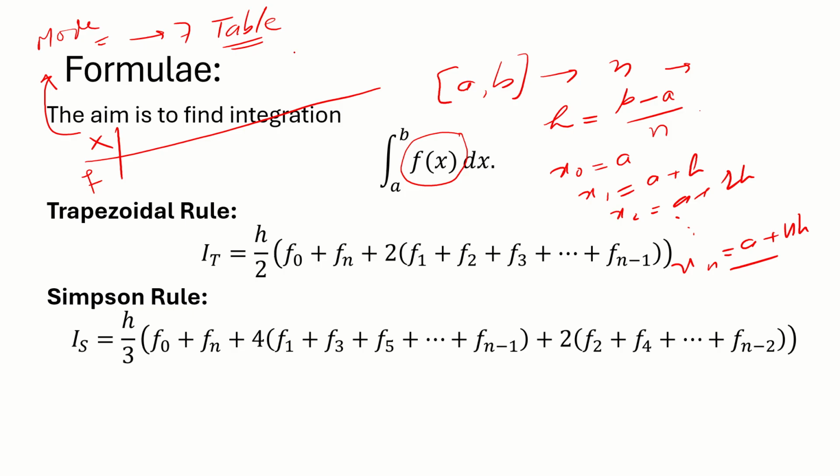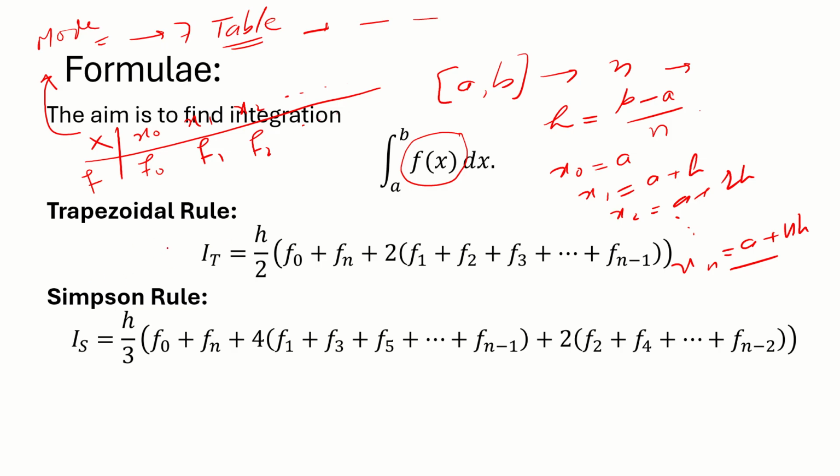When you press that, you will be in a table environment. They will ask about the initial value, first value, final value, and the step length. It will construct a complete table for you, the values of x, the values of y. So the first value of x naught, the corresponding value will be represented as f naught. For x1 we take f1, for x2 the value will be f2, and so on.